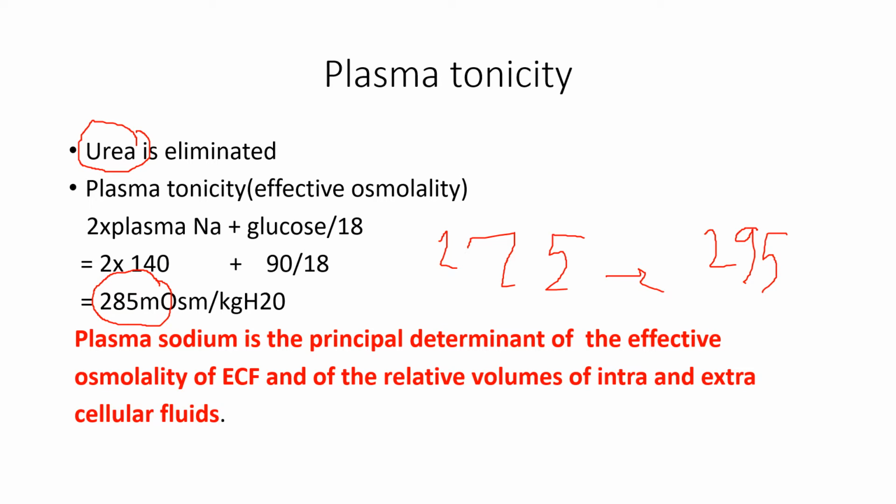From this equation, we notice that the plasma sodium is the principal determinant of the effective osmolality of extracellular fluid and of the relative volumes of intra and extracellular fluids. Glucose is important only in the presence of hyperglycemia. Only in hyperglycemia.